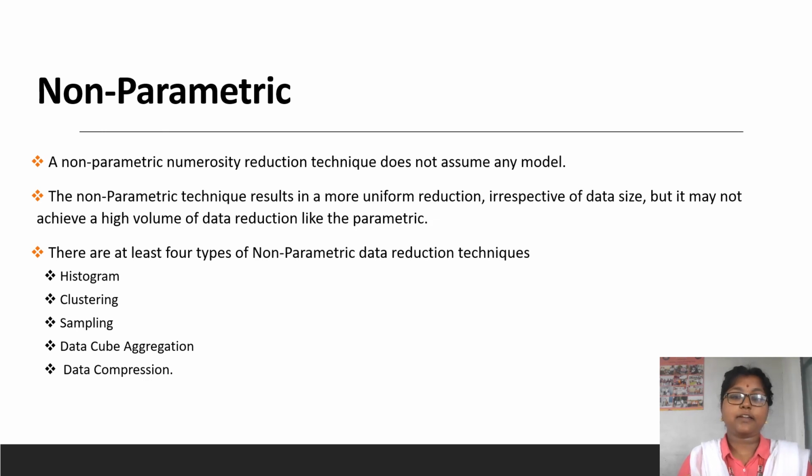The non-parametric technique results in a more uniform reduction irrespective of data size, but it may not achieve as high a volume of data reduction as parametric. We have 4 types of non-parametric techniques: histograms, clustering, sampling, data cube aggregation, and data compression.